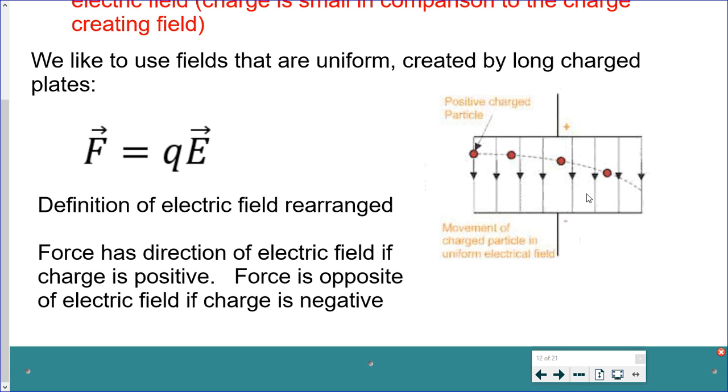That charge times the electric field is going to give us the force. All right, and the force has the direction of the electric field if the charge is positive, right? Because the direction of the field is defined in terms of a positive test charge. If you throw a negative charge, the force on that charged object will be opposite.